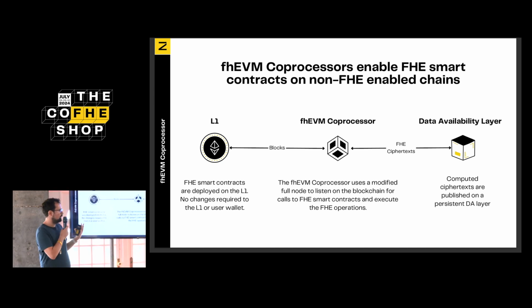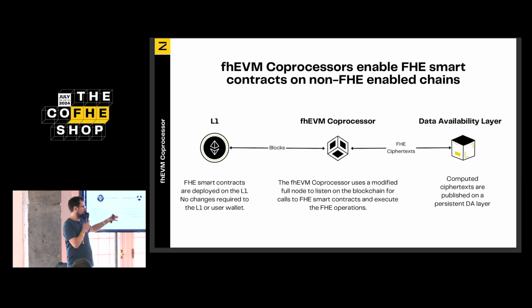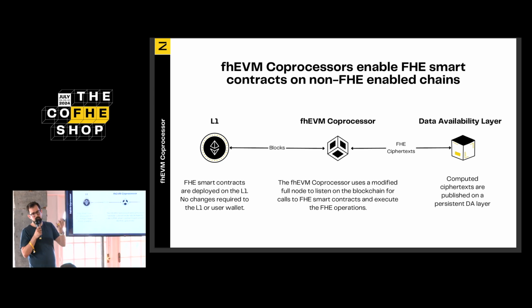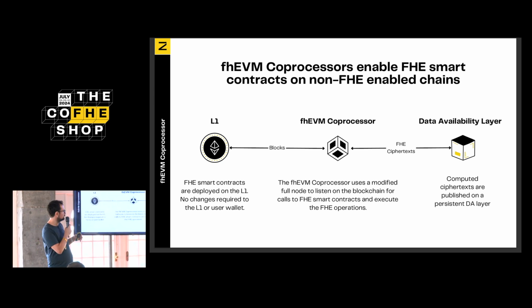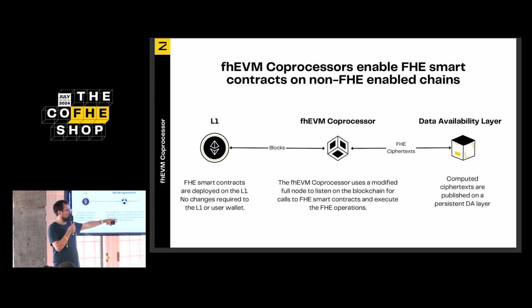And the way it works is that the coprocessor itself is also a full node, so it's executing all the blocks that happen on Ethereum. And when an fhEVM FHE operation is detected by the coprocessor, because it's executing all the blocks, it will also do the actual FHE computation.